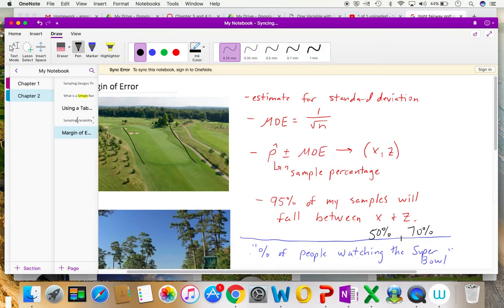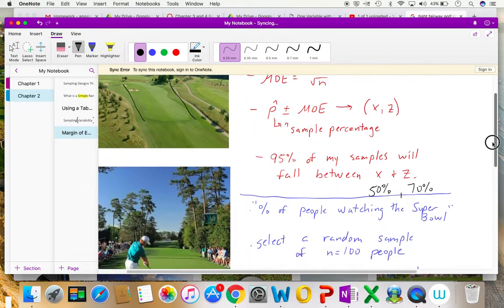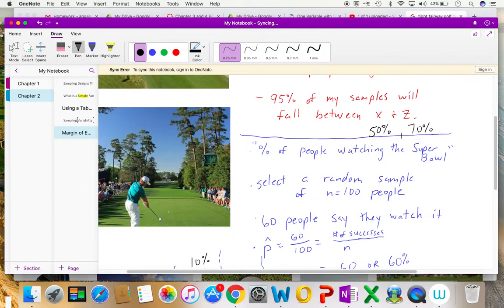So going back full circle here, if this fairway represents that margin of error we just calculated, okay, remember we said this one was the wider one, the easier golf hole, the one we can grip it and rip it on, right? Our margin of error is 10%. This would represent a smaller margin of error, right? And I don't know what that number is off the top of my head.